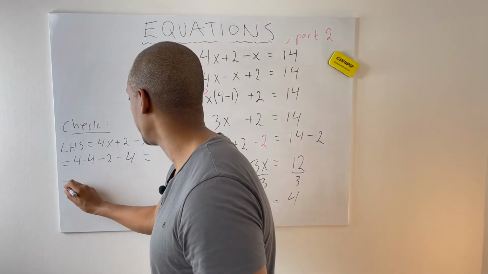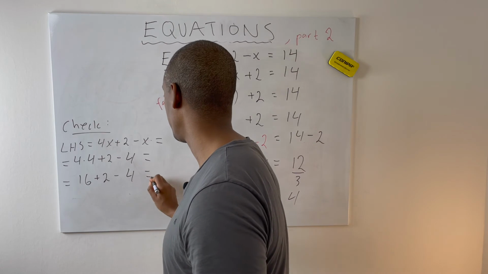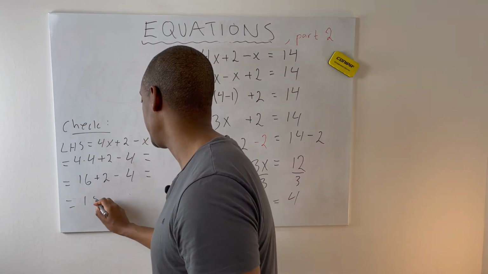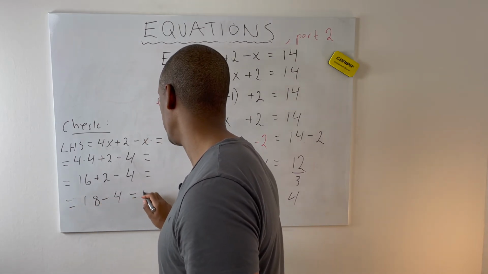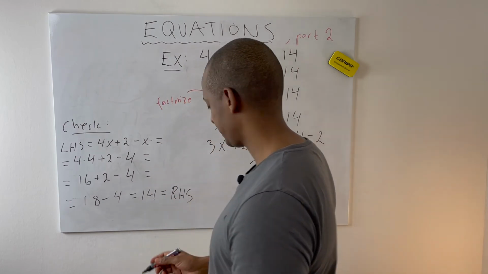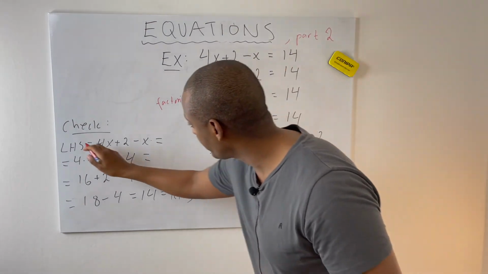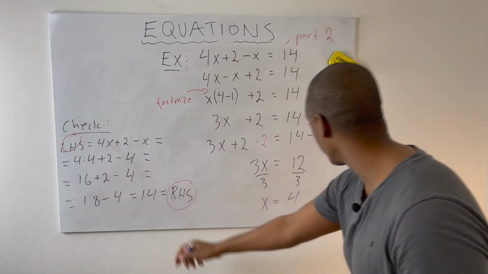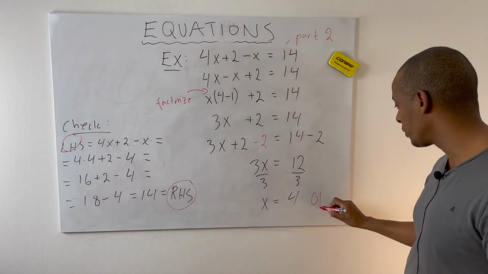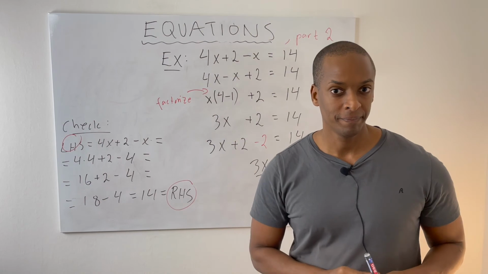And then we see here that this is 16 plus 2 minus 4, right? That's 18 minus 4, which is equal to 14, which is equal to the right-hand side. Right? 14. So we have that the left-hand side is equal to the right-hand side. So this solution, x equal 4, is totally fine. It's okay. It's correct.